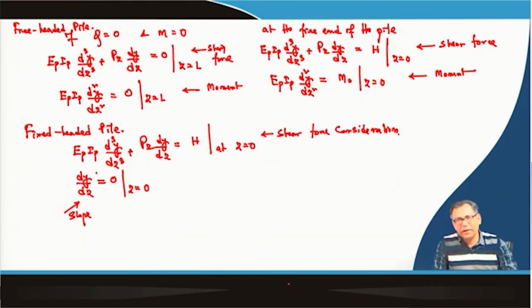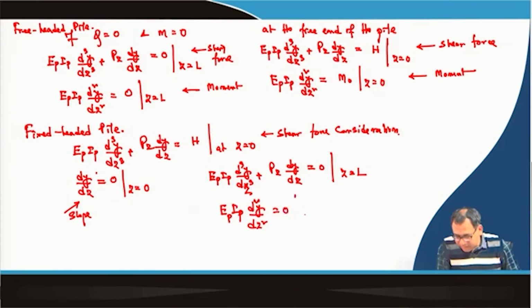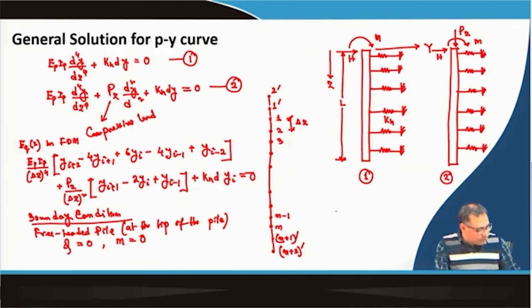And at the tip of the pile, the boundary condition will be the same as the free headed pile. That means at the tip of the pile, E_p I_p d³y/dz³ plus P_z dy/dz will be 0 at z equal to L, that is the shear force consideration, and E_p I_p d²y/dz² will be 0 at z equal to L, that is the bending moment consideration.